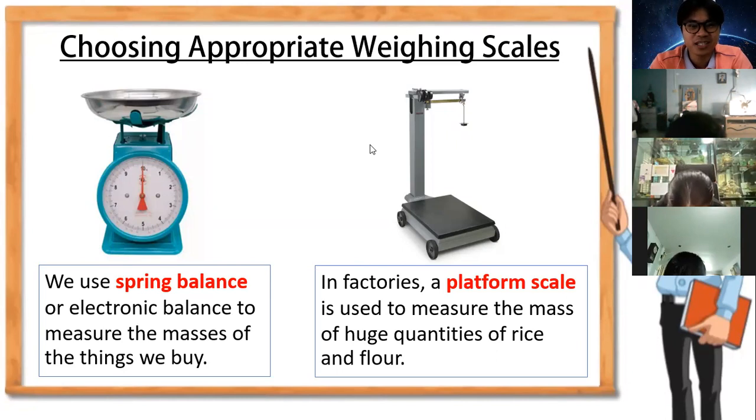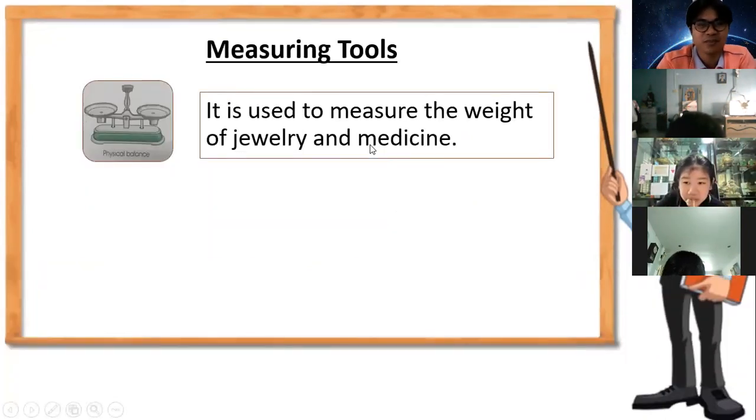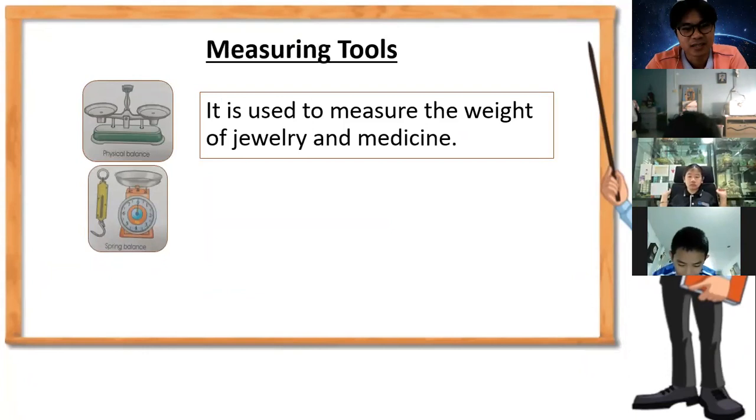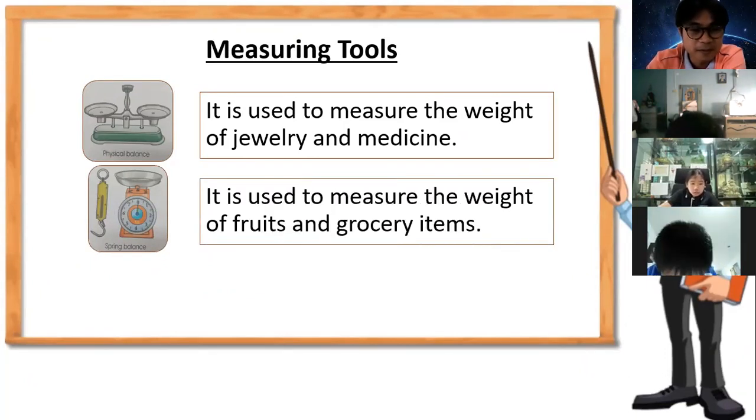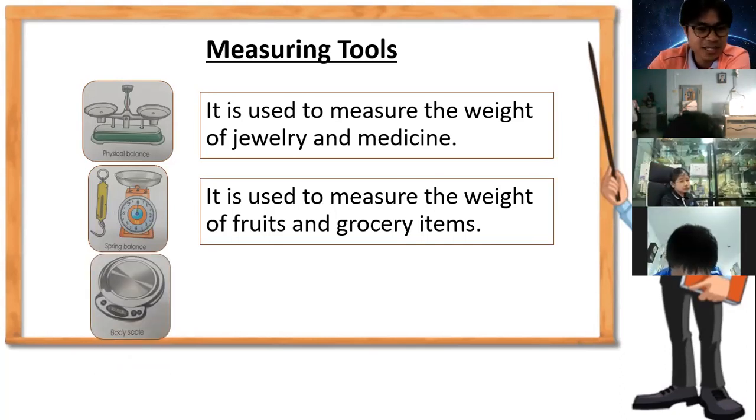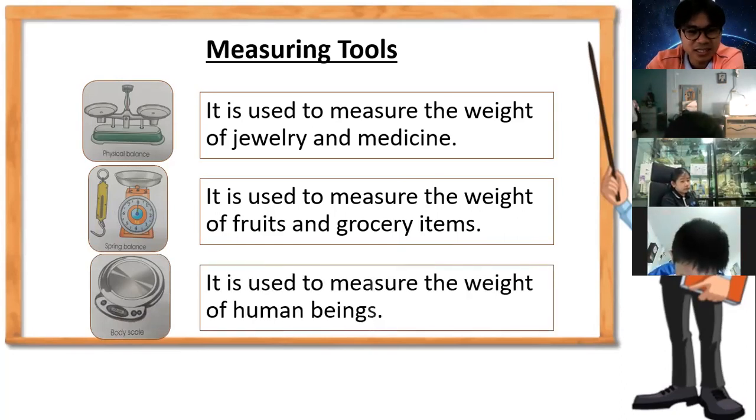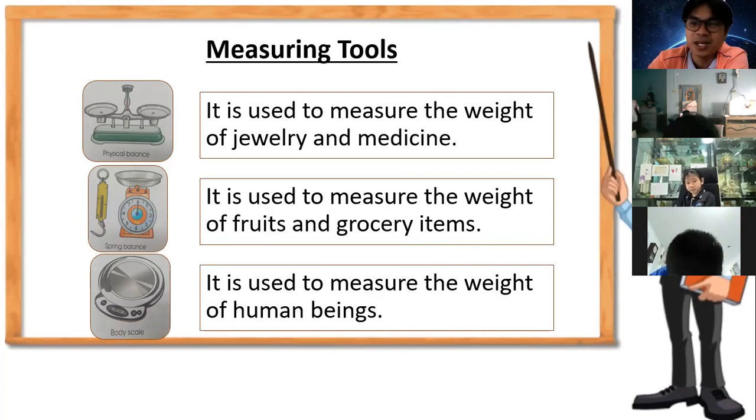Another example, as we learned last time, is the physical balance. It is used to measure the weight of jewelry and medicine. The spring balance, as we mentioned a while ago, is used to measure fruits or grocery items. And this one is a body scale. It is used to measure the weight of human beings like you and me.